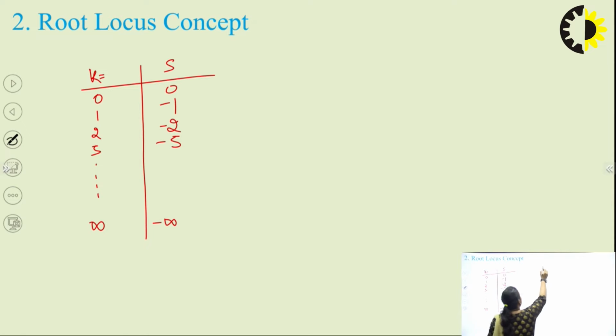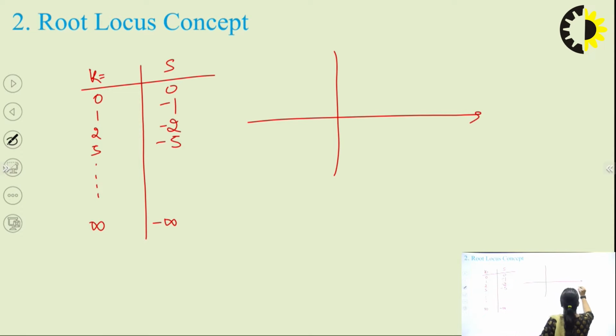So I can plot the values of this s on the s plane. This is the real part and this is the imaginary part of the characteristic equation. So here is one point, s equals 0, at minus 1, s equals minus 2, s equals minus 3, and so on till minus infinity, right?